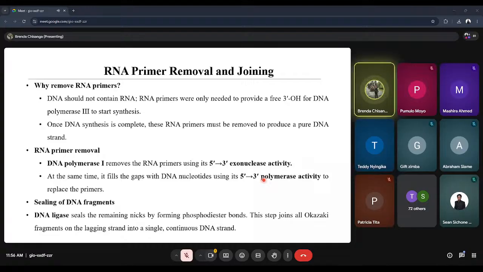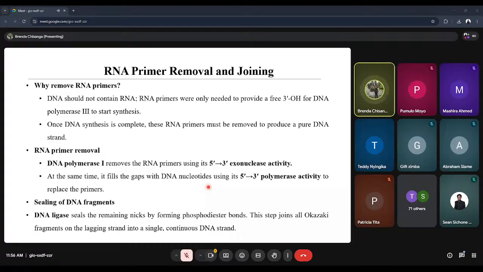Now, once DNA polymerase 1 has synthesized the short fragment, it does not connect. The DNA molecule remains with a nick, a small portion where there's no phosphodiester bond. And that region of the backbone needs to be ligated, or connected, to join the backbone of the DNA that has been synthesized after removing the primer.